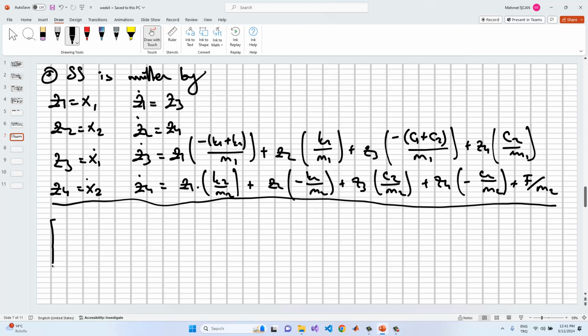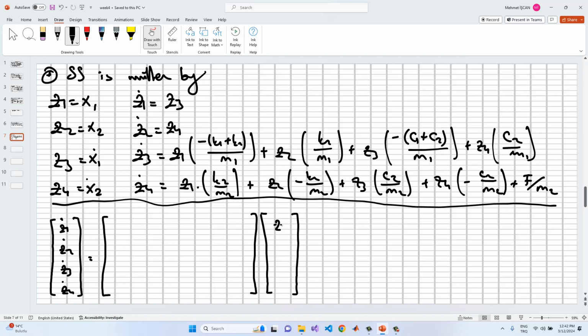Firstly, we should give the Z1 dot, Z2 dot, Z3 dot, and Z4 dot, right? And so what's the dimension of our A matrix in here? 4 by 4, right?